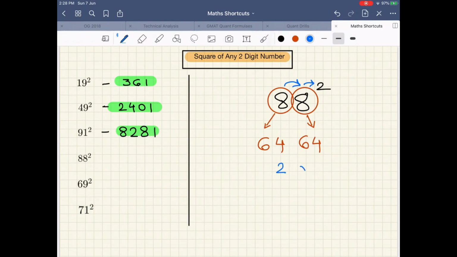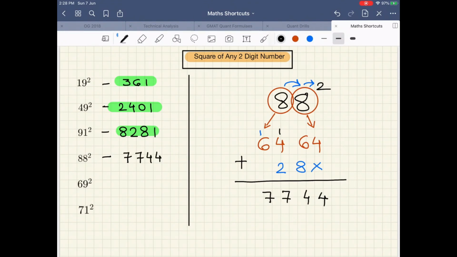So I will write 28 over here. Carry forward 1. Again here it will be x. Now need to add 4, 8, 6, 14, 4 plus 1, 5, 6, 7, 6 plus 1, 7, 7, 7, 4, 4.